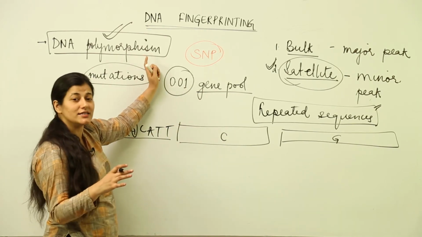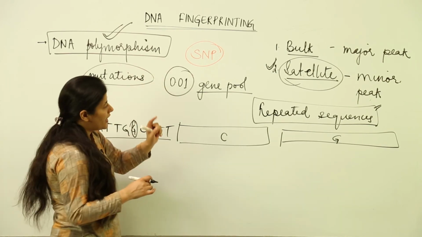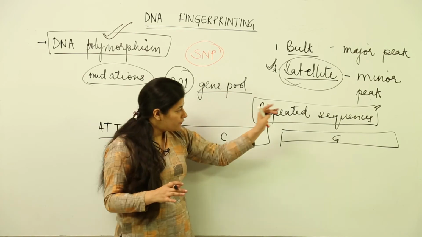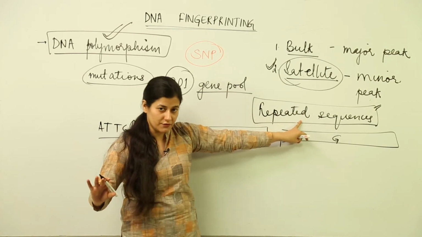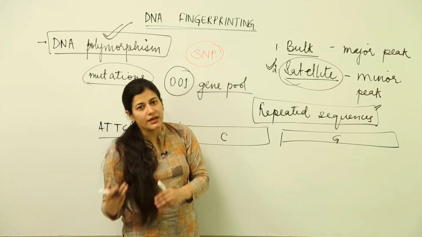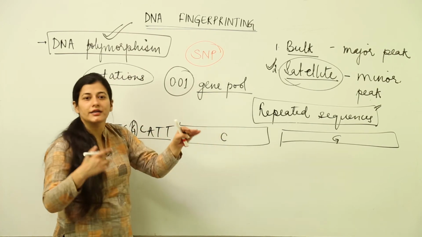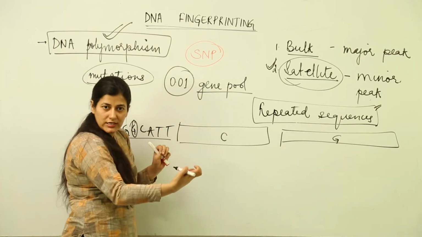Then we say that it is DNA polymorphism. I hope you get an idea that in the germ cells, if some mutation takes place in these sequences which are not expressing themselves in the form of genes, those mutations will not be expressed, they would be inherited as such. Their inheritance goes from one generation to another because the offspring takes up those sequences.